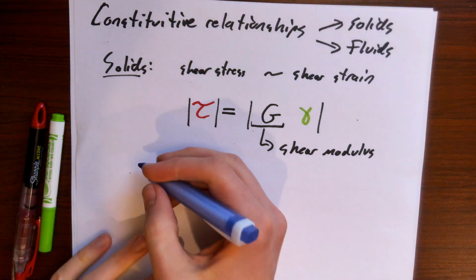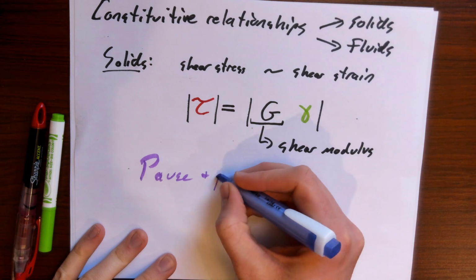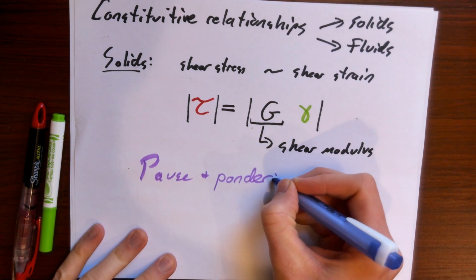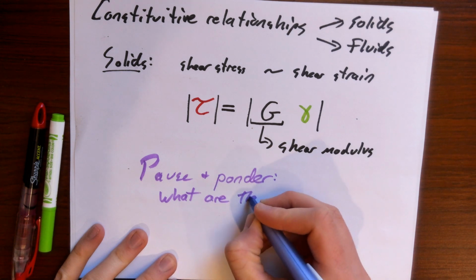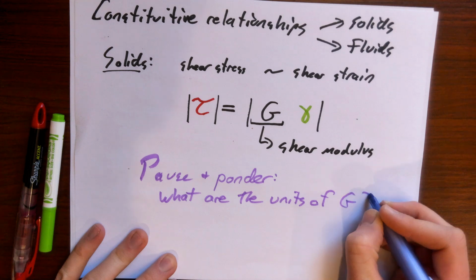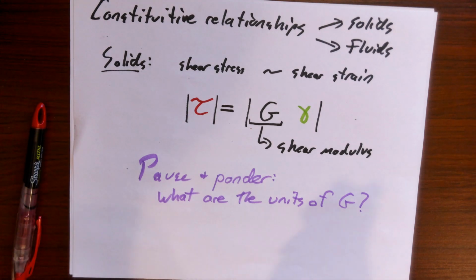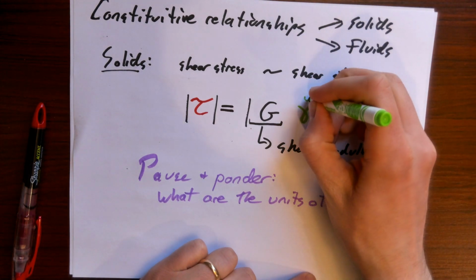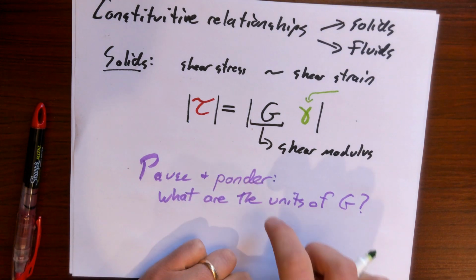Pause and ponder: what are the units of G? In order to help work this out, it might help to remember what the units of shear stress are, and also the units of shear strain.